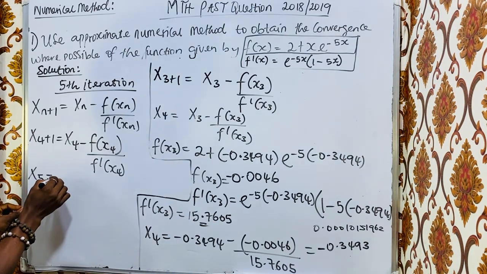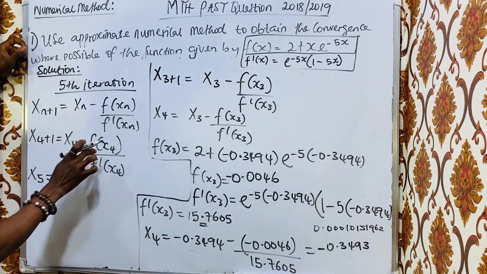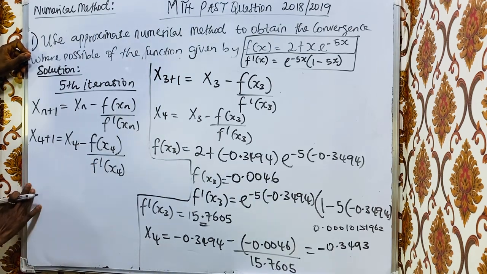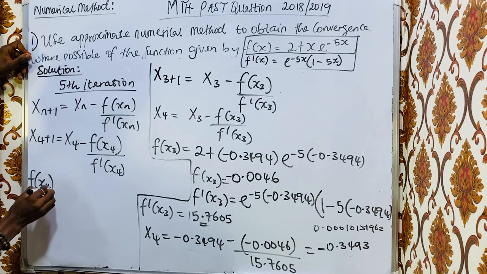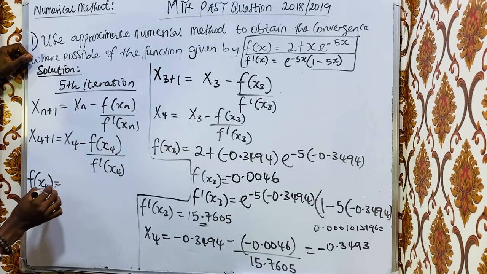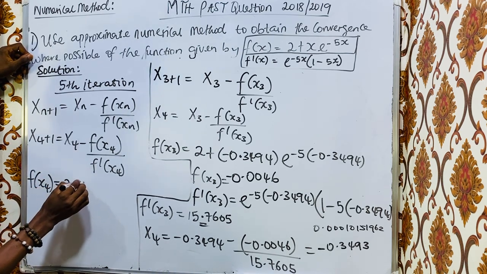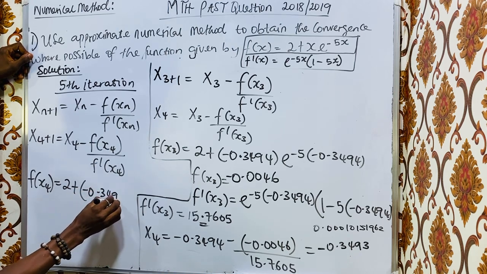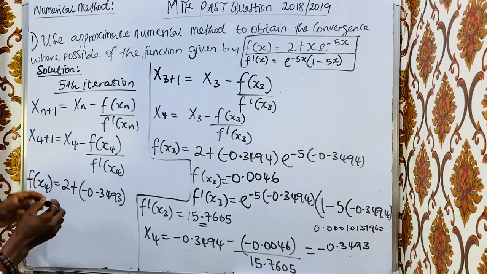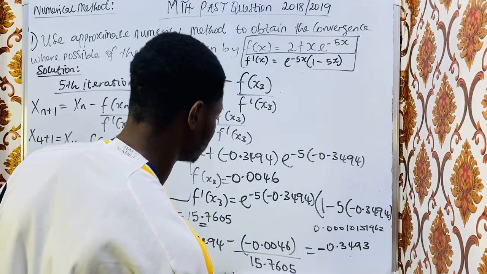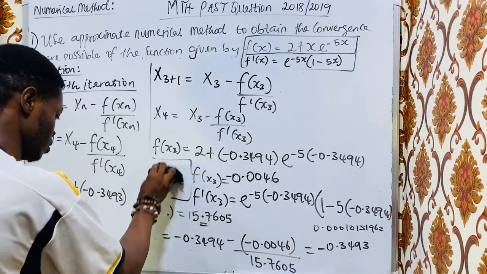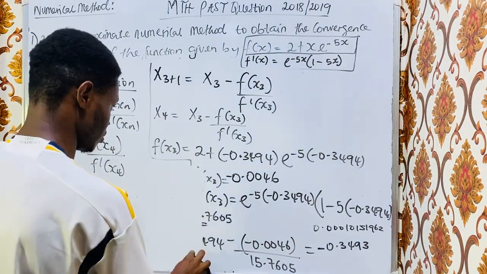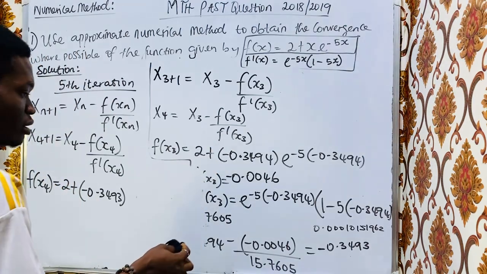Negative. Okay, but before then, we are going to find f of x4. So f of x4 will give us 2 plus our x4, which is negative 0.3493, times exponential of negative 5 times negative 0.3493. Let me clean this side.